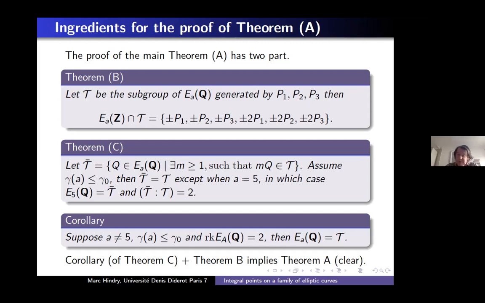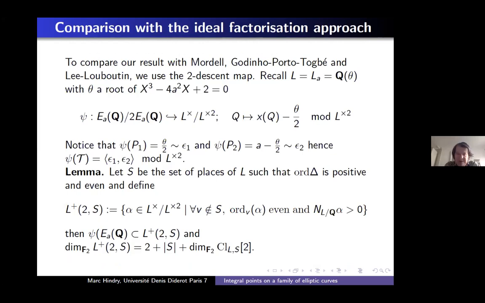So of course, the problem now is to explain how we prove those two theorems. It's by very different argument. So before that, I will briefly come back to the full factorization approach of Mordell and followers.